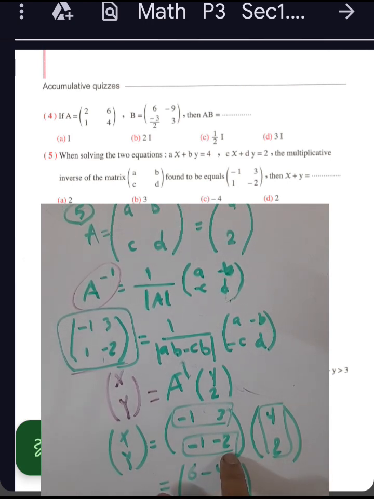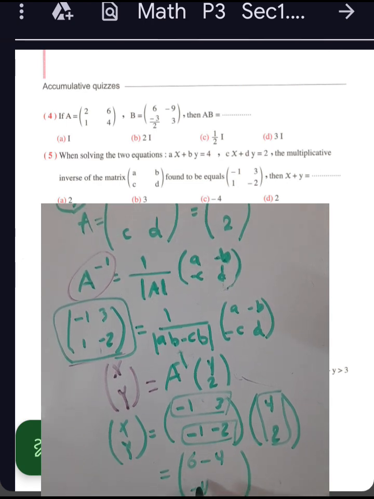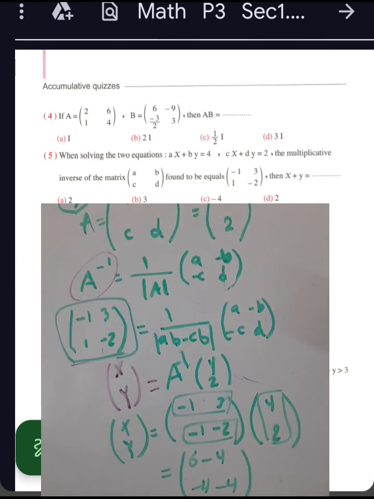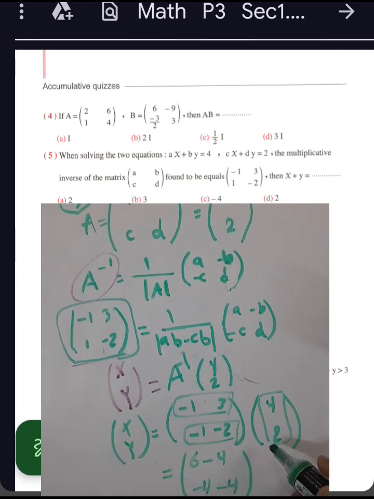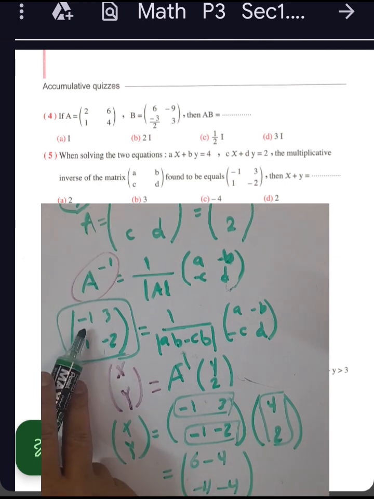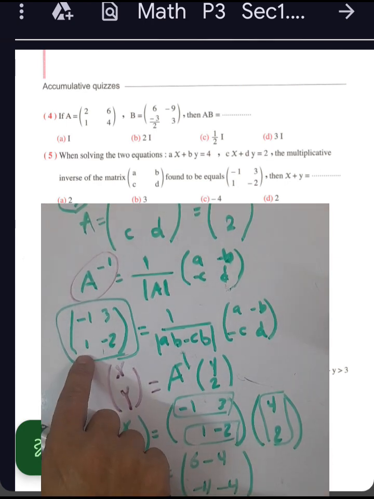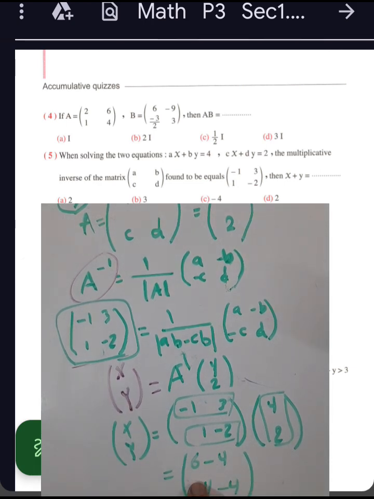Negative 2 times 2 will be negative 4, and negative 1 times 4 will be negative 4. Okay, he gives us the result 4 and 2, and we have here negative 1 and 3 and 1 and negative 2.